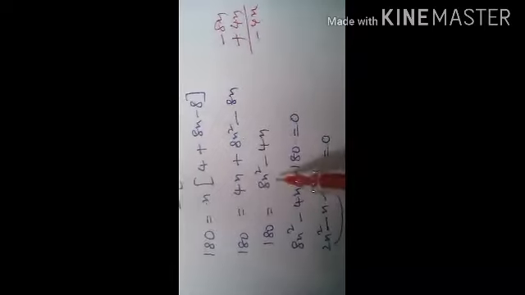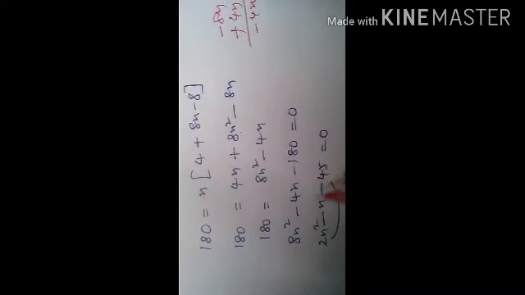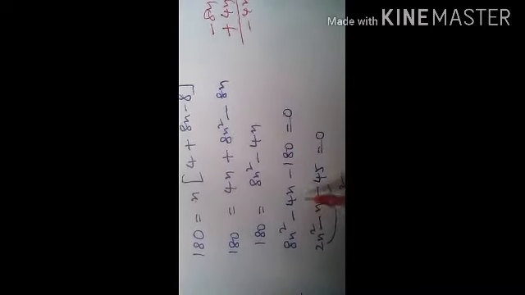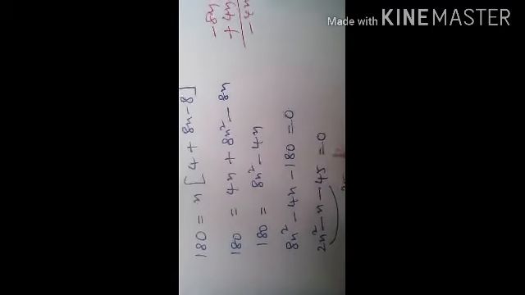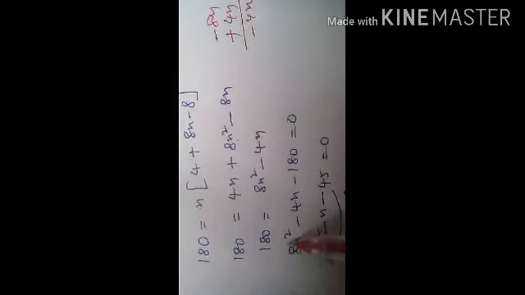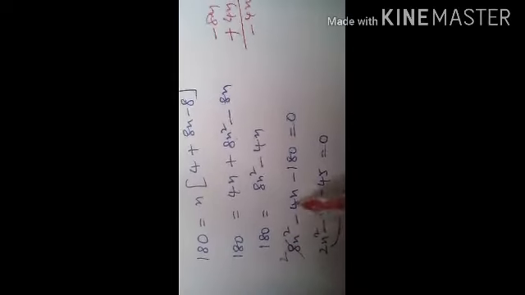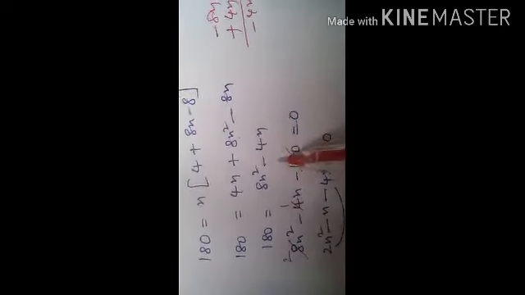So we have 180 is equal to 8n square minus 4n. So 8n square minus 4n minus 180. When you are cancelling by 4, 4 table 2 times, 1 time, 45 times. So the equation reduces as 2n square minus n minus 45 is equal to 0.